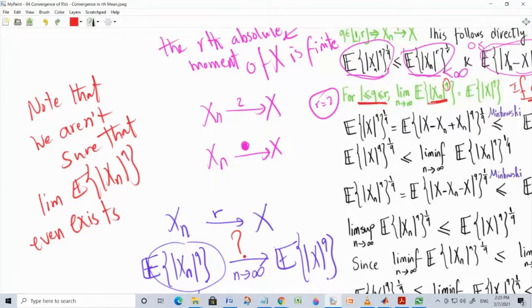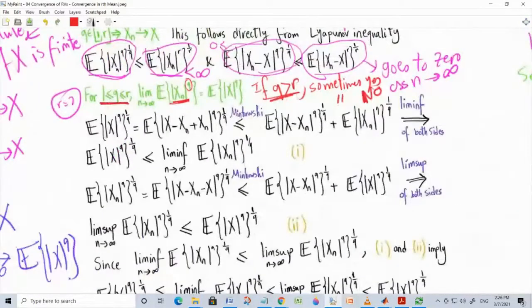Who tells you that this deterministic sequence of expectations, those are numbers, for every n you compute this expectation, who tells you that you actually get a sequence that is even converging? We don't know. So here I will give you an example of a rigorous proof in which you don't even assume that the limit exists and find the limit. We will actually, in the proof itself, show that the limit exists. Okay?